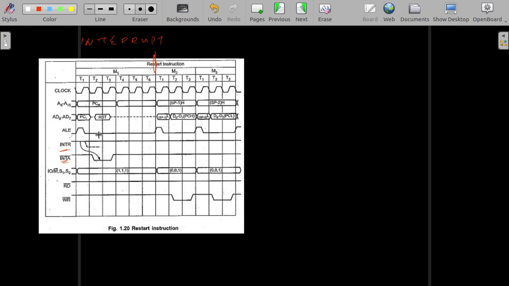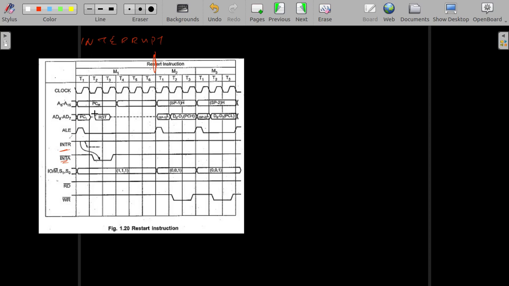Initially we have the program counter high and program counter low, because some instruction is being executed. When an interrupt is acknowledged, it means we want to change the flow of execution of the instructions and jump to the interrupt service routine.